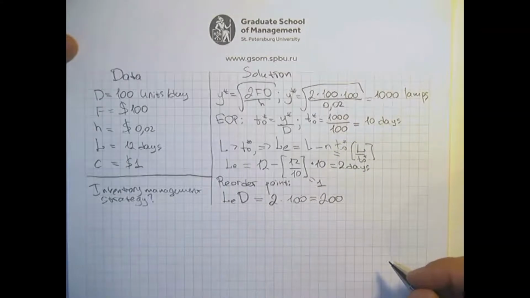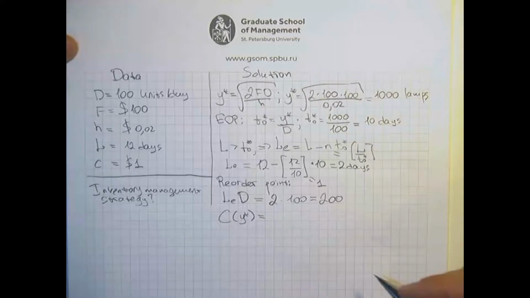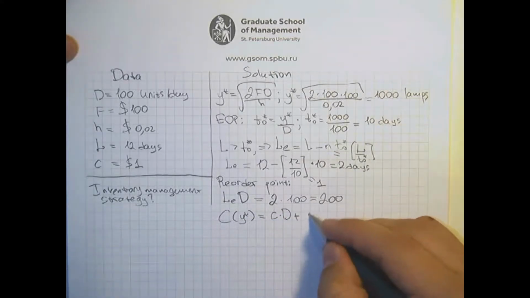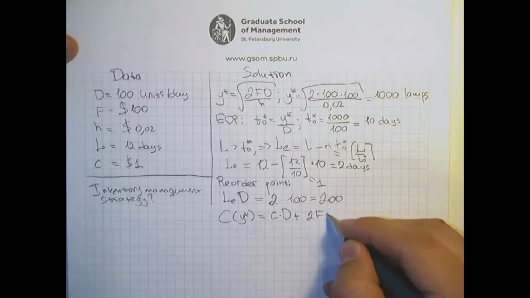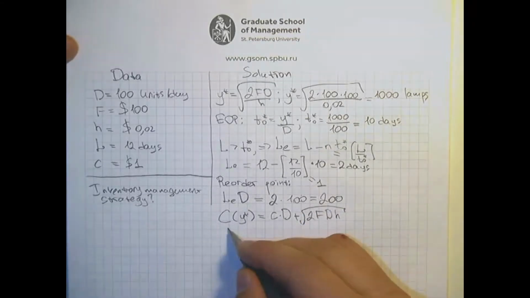And now let's calculate the total average cost for the economic order quantity. It is C times D plus the square root of 2FDH.